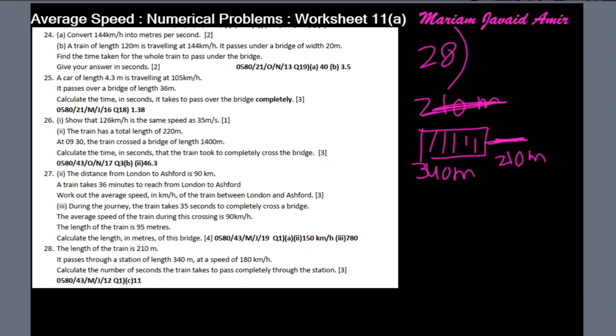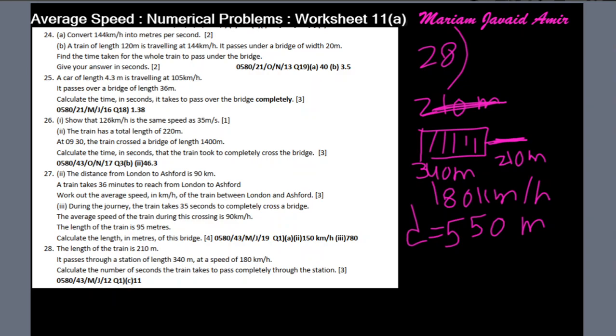It passes through the station at a speed of 180 kilometers per hour. Calculate the number of seconds the train takes to pass completely through the station. So the total distance is the sum of 340 and 210, which is 550 meters.